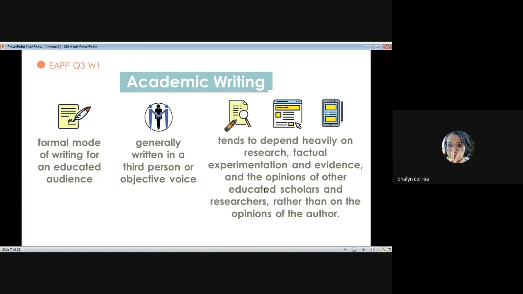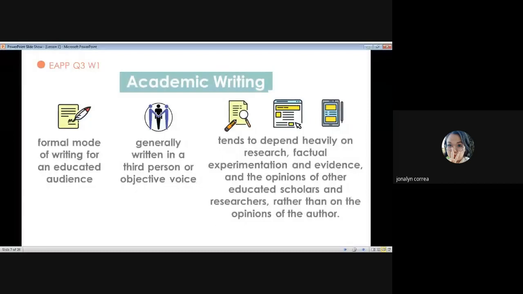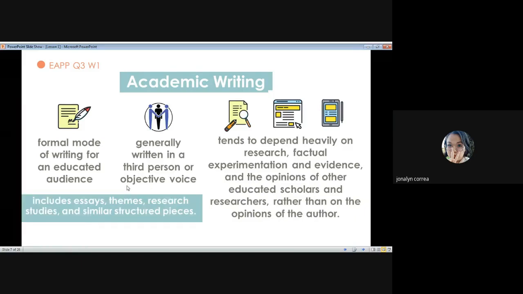The words you use in writing an academic text are basically technical terms or formal terms, as I may say. Examples of these academic writings are essays, themes, research studies, and similar structured pieces.